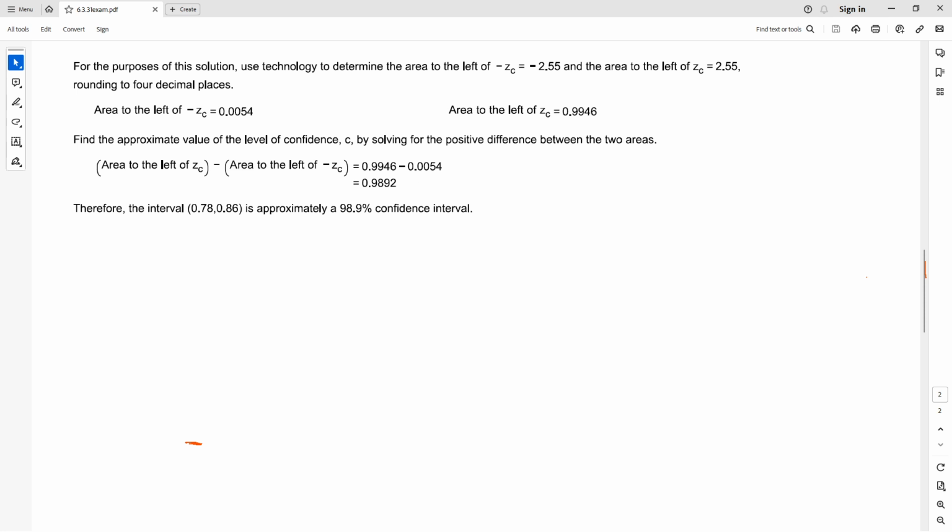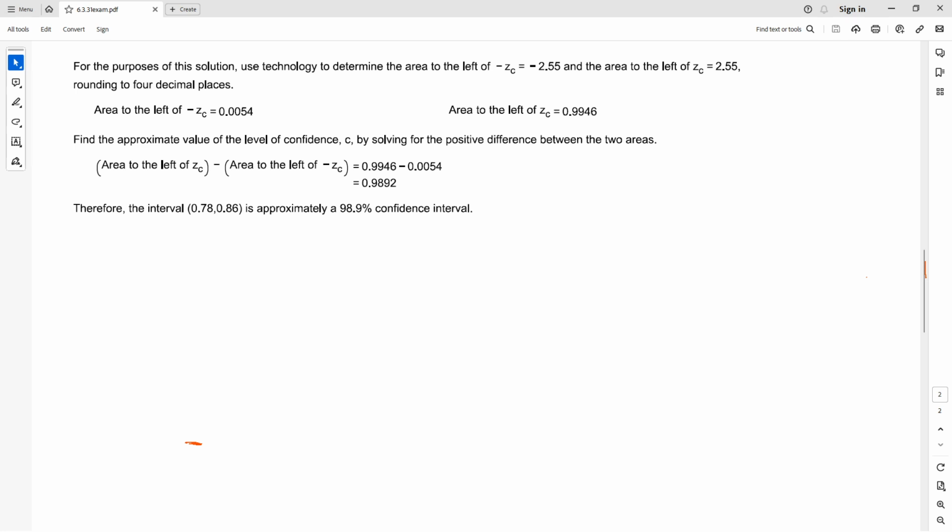Another way of approaching it is using StatCrunch. So we can go into StatCrunch here. Since we know it has the properties of a normal distribution, we can use a normal calculator.